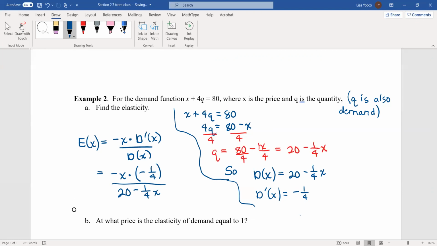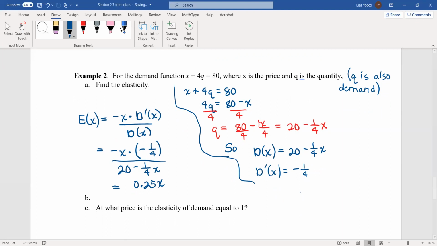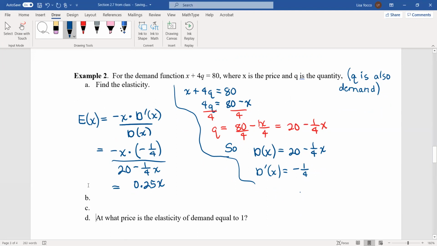I think it may make more sense to write those as decimals. So negative 1/4 is the same as negative 0.25. And when I multiply the negatives together, that becomes positive 0.25.